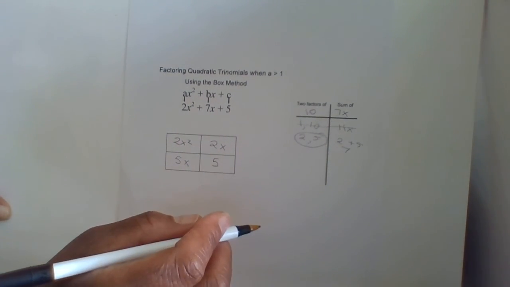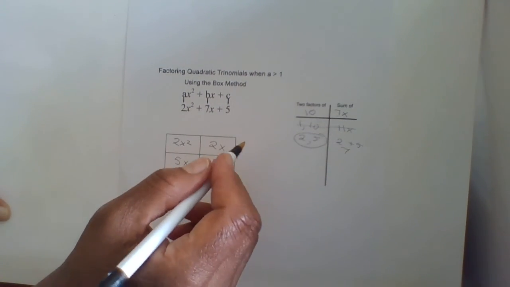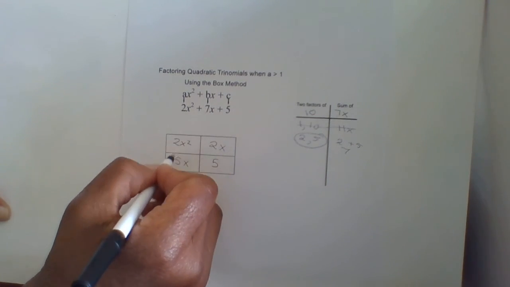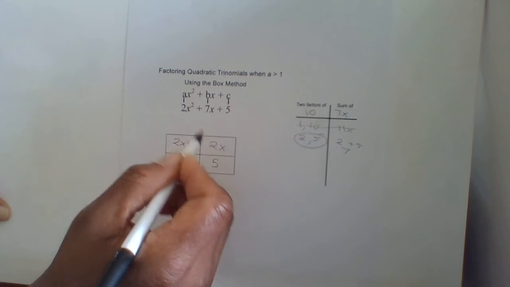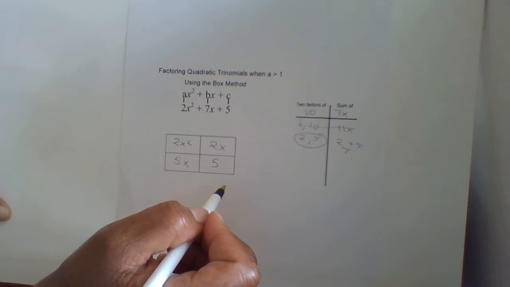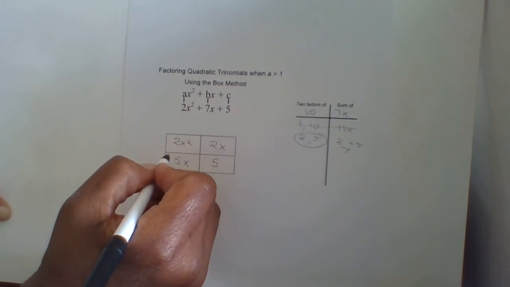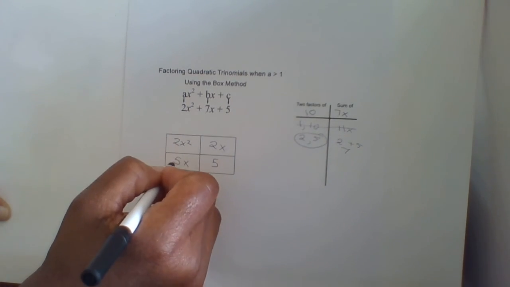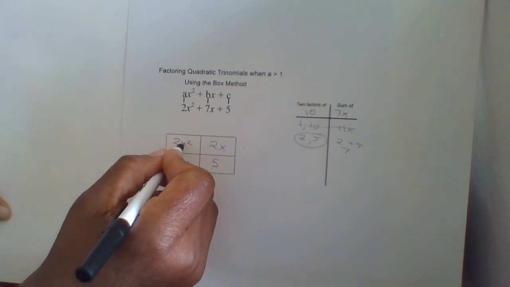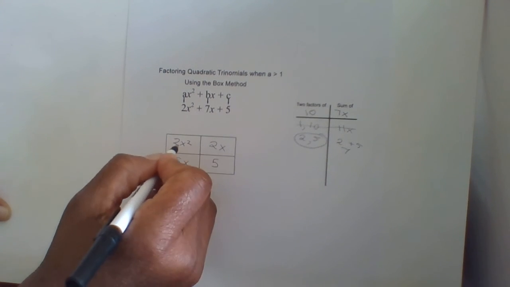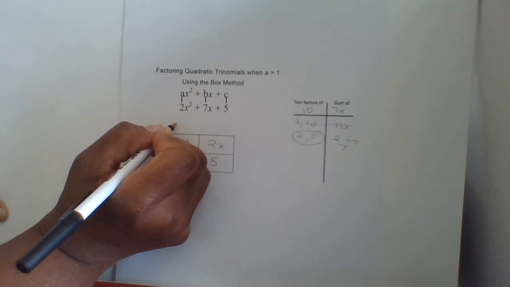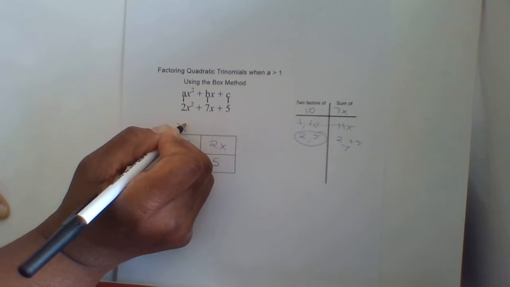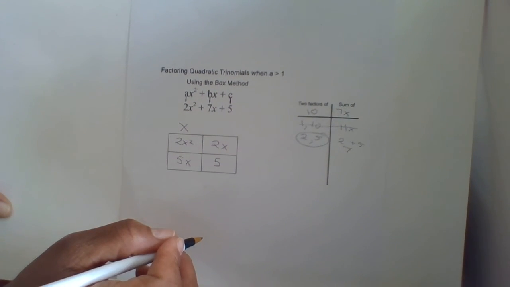We're almost done. So now we want to factor out the greatest common factor among your columns and your rows. So let's look at the columns first. What is the greatest common factor of 2x and 5x? Well, both of these terms have x in common. So that x goes above that column.